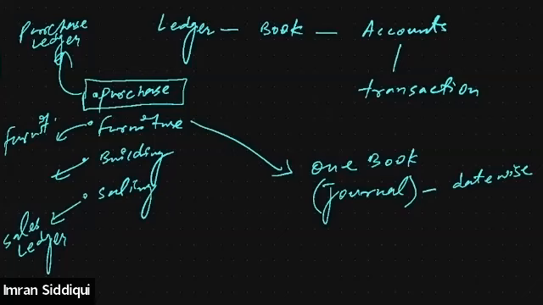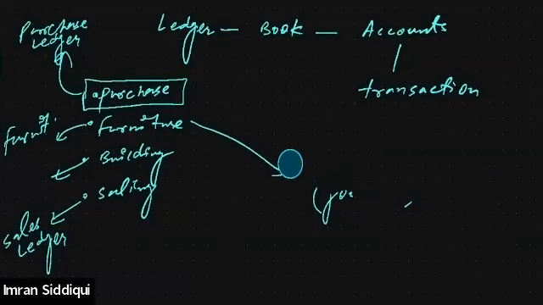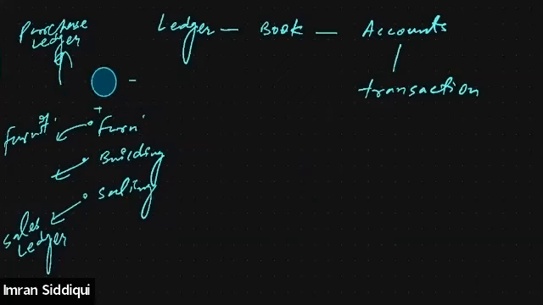But in case of ledger, what do we do? We classify all similar transactions in one single ledger, other similar transactions in another ledger. So every transaction which is similar to the other is kept and maintained separately. That is called ledger. So, precisely explaining, ledger is a book which records all the similar transactions at one single place.